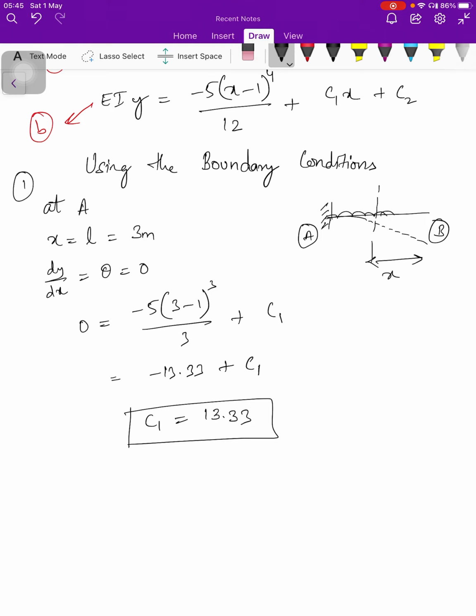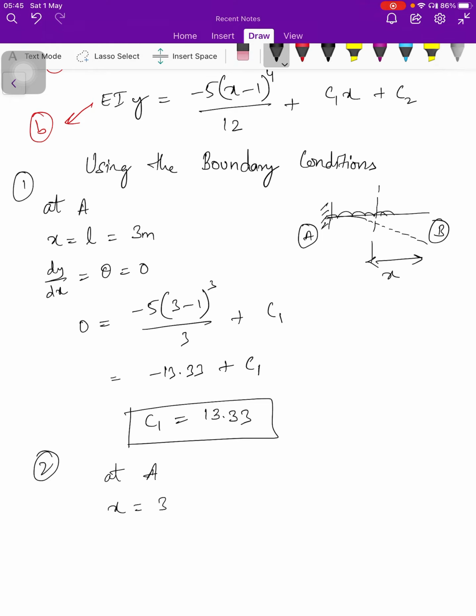Alright, now next we need to calculate also C2. C2 is to be computed by using the second boundary condition, again at x is equal to 3 meters. Again you have deflection 0, which is y is equal to 0.